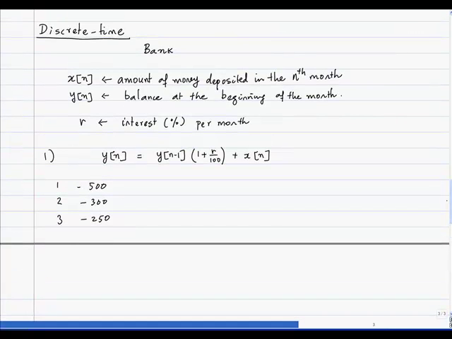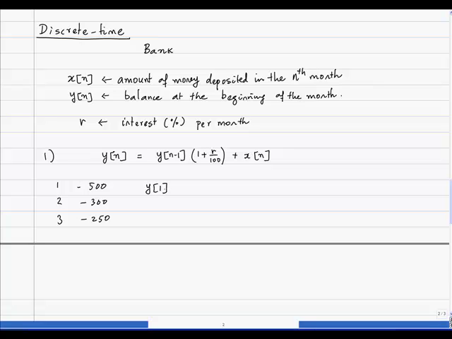But the way you would figure it out is to first compute y of 1, which would be equal to x of 1, and then you would compute y of 2 based on y of 1. You would take y of 1, multiply it with 1 plus r over 100, add x of 2 to it, and so on and so forth.